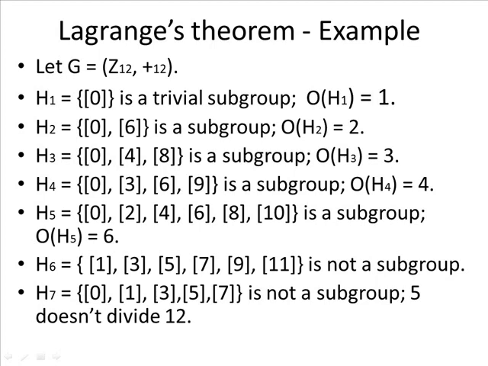H6 in fact has 6 elements, but it is not a subgroup. I want you to understand the observation here. H6 has 6 elements. 6 clearly divides 12, you know that. But this subset does not form a subgroup simply because it doesn't have the identity element. That's one of the reasons. There are other reasons as well.